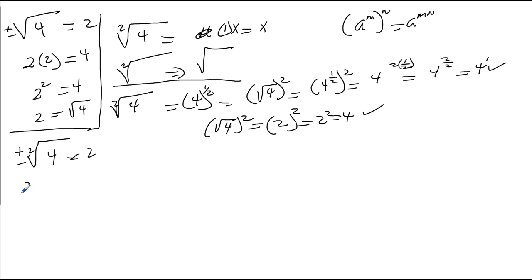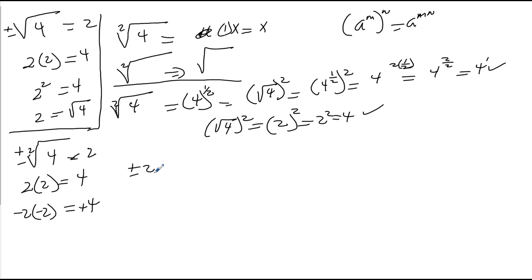So we have 2 times 2 is equal to 4. And we also have minus 2 times minus 2 is equal to 4, because minus times minus is a plus, and 2 times 2 is 4. So you have the square root of 4 is plus or minus 2.